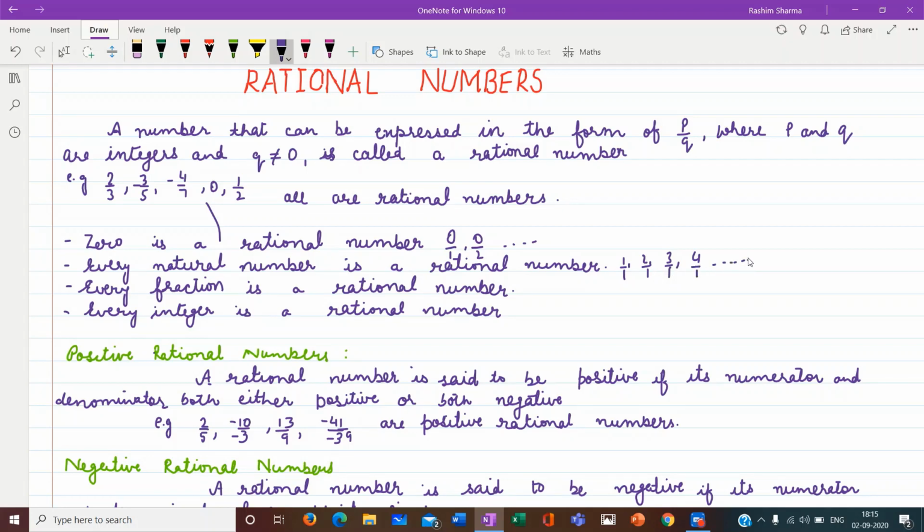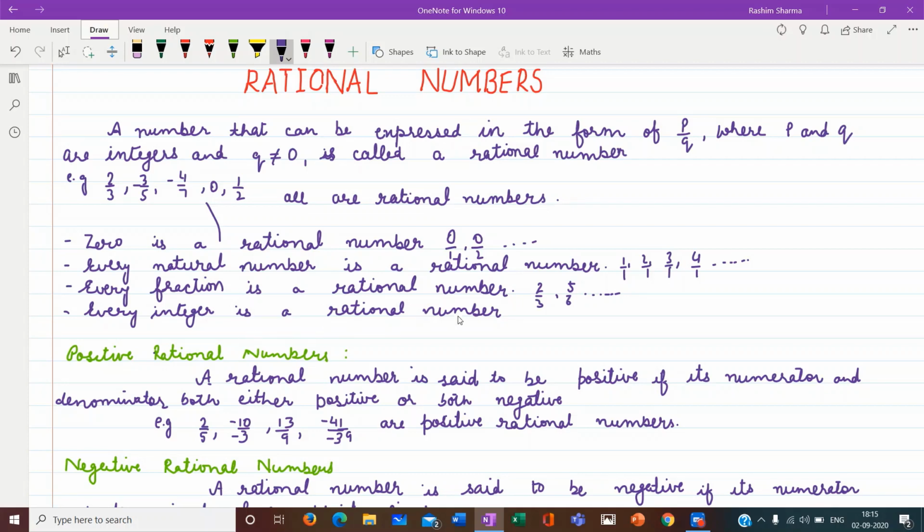Next, every fraction is a rational number, that all of you know. Fraction means numerator upon denominator. So let us take examples here, 2 upon 3, 5 upon 6 and so on. We can take as many examples as we want. All these are rational numbers.